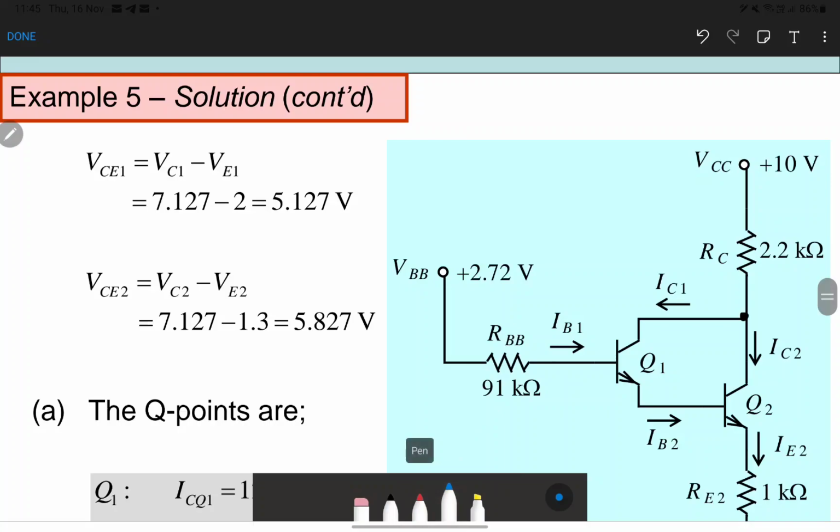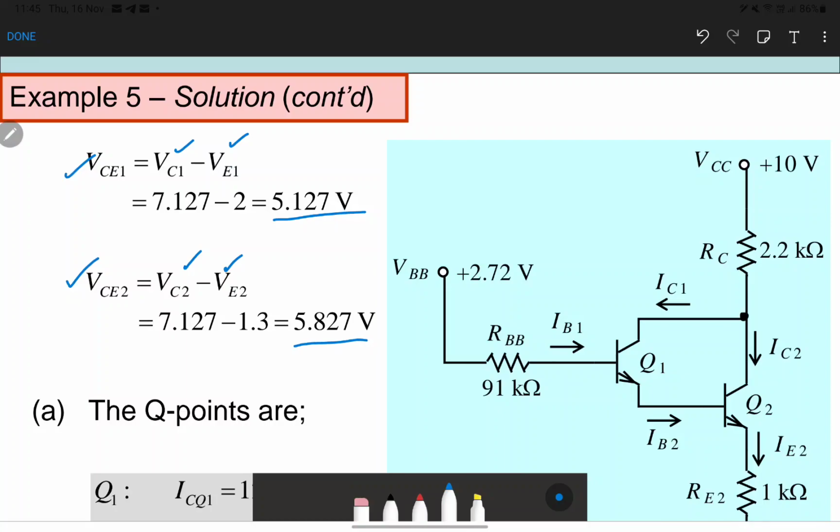Okay, after you found the VC1 and VE1, VC2 and VE2, we can find the VCE1 and VCE2. For VCE1, VC1 minus VE1, so you got new value 5.27, and for VCE2 you just apply VC2 minus VE2, so you got new value 5.827 volt.